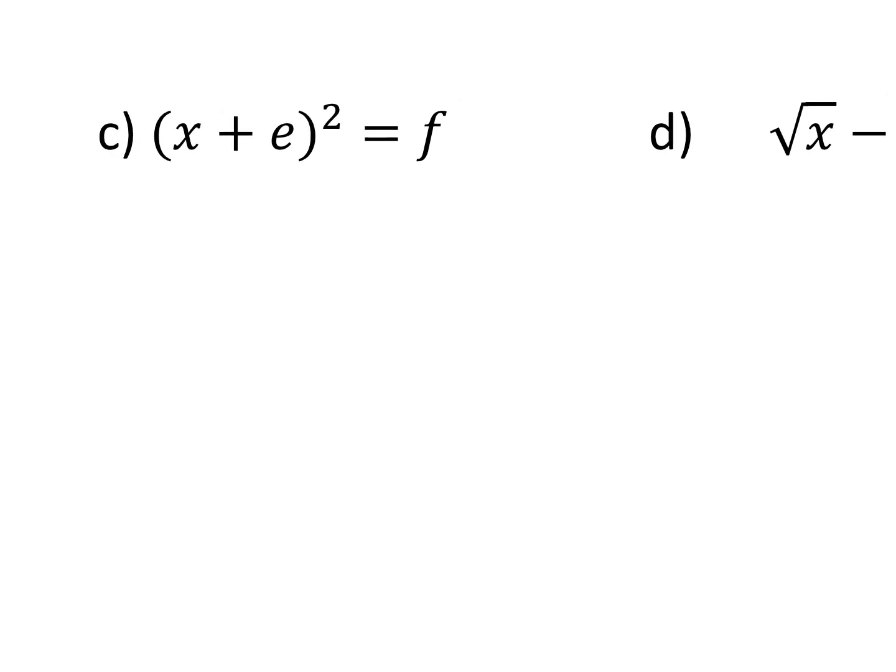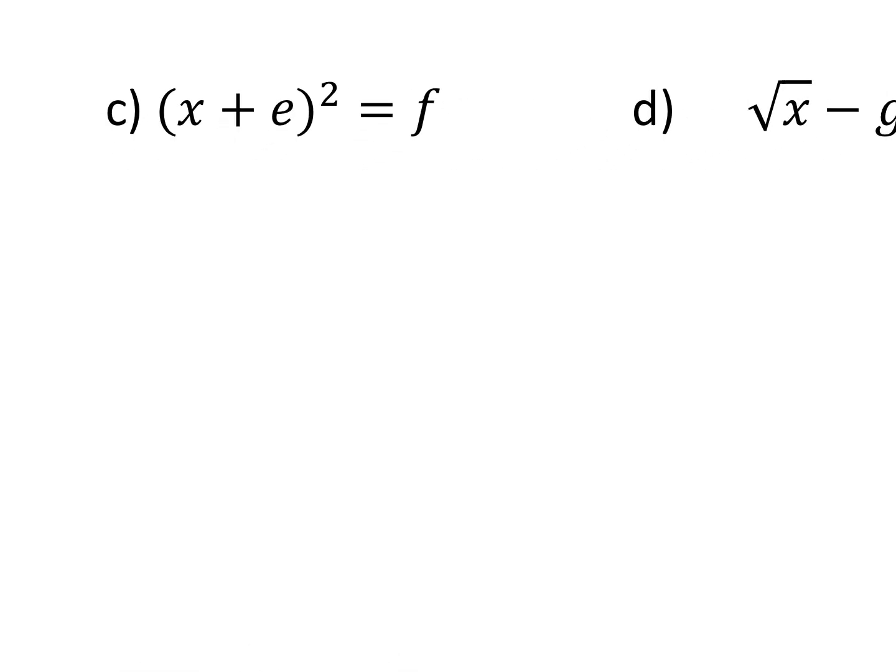Okay, part C, here it's not the x squared, we've actually got an expression x plus c and it's squared. So we can deal with that squared first of all because effectively all of the left hand side has been squared. So if we reverse that by taking the square root of the left hand side, you would be left with x plus e.